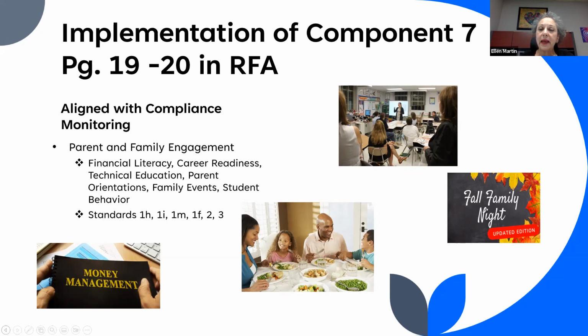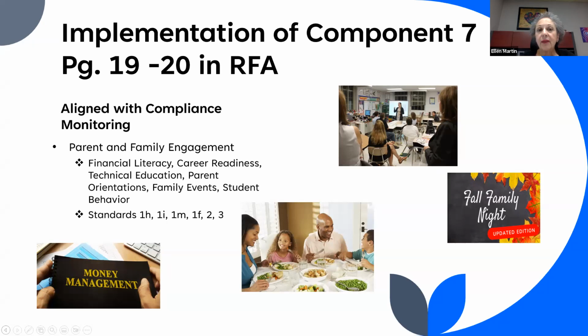So many times our parents don't feel comfortable coming into our schools. They possibly didn't have a good experience when they were in school, so they want to avoid it. We need to look at who our audience is and what their needs are. This goes back to your needs assessment.